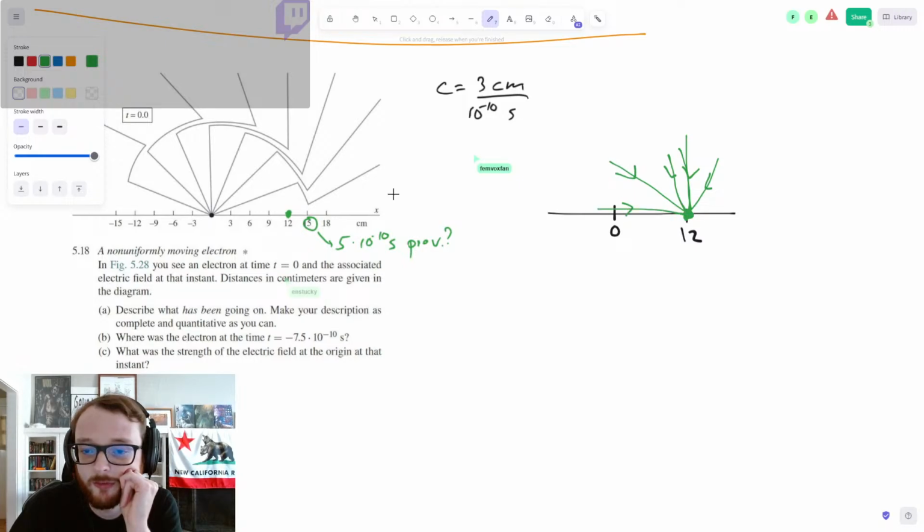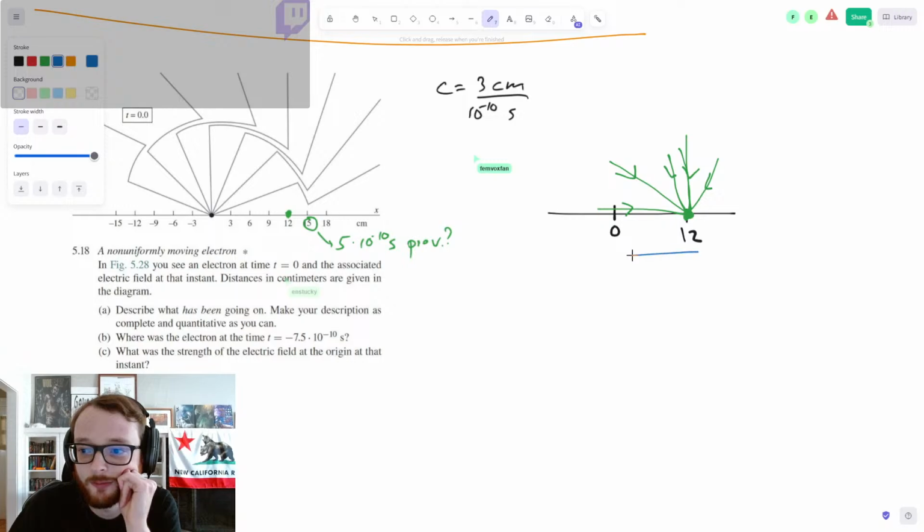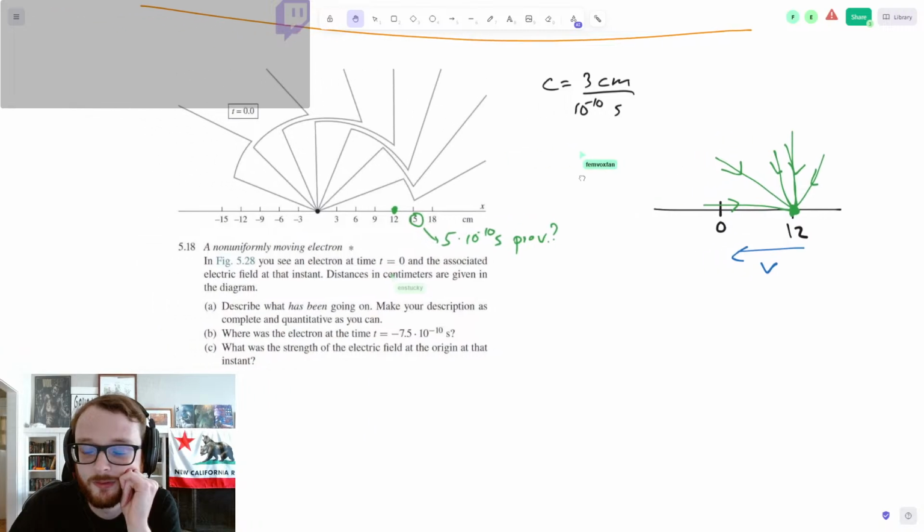So maybe it's okay. I guess I was getting mixed up, because we only have some of the field lines here, and these ones off to the side seemed they were going the wrong way, but maybe it's okay. I think our velocity can be going to the left. Is that what you're thinking too, Stuki? I think so, yeah. Okay.